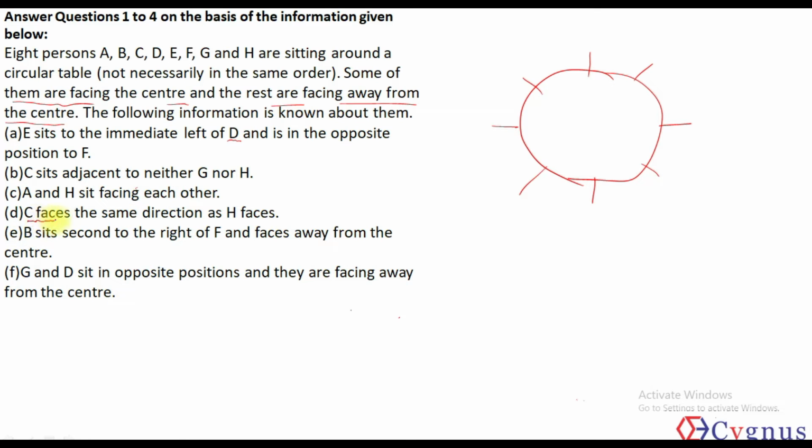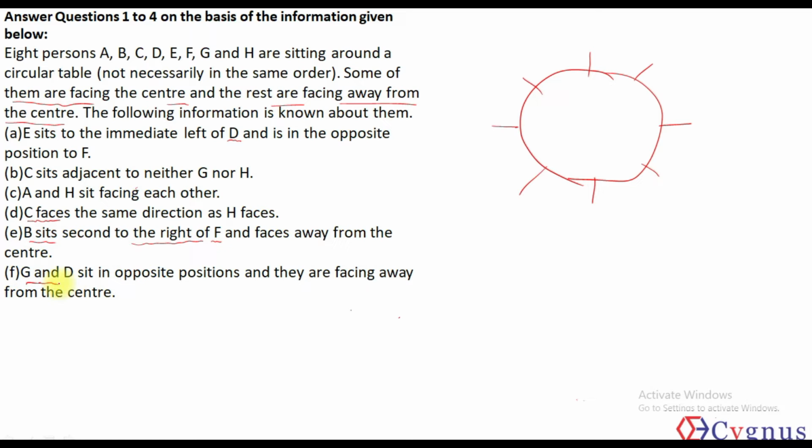That's why C will also face towards the center. B sits second to the right of F. Okay, but I don't know where is the right of F, because F is facing towards the center or away from the center. That is not given. And B sits second to the right of F and faces away from the center. B is facing away from the center.